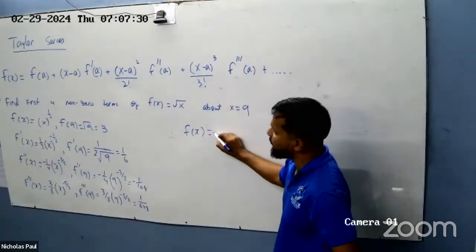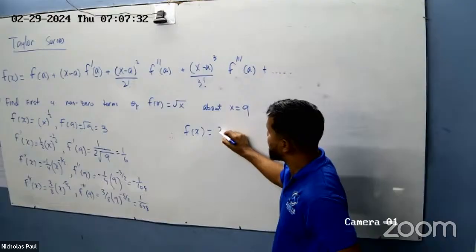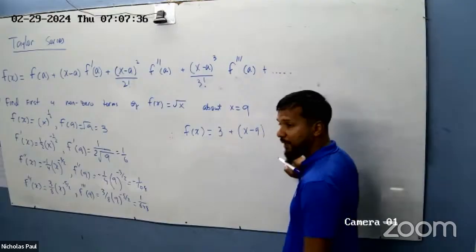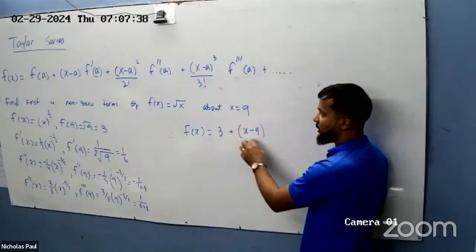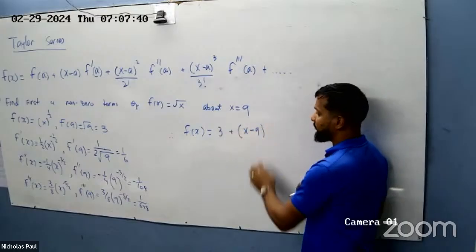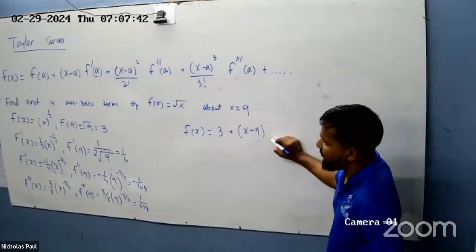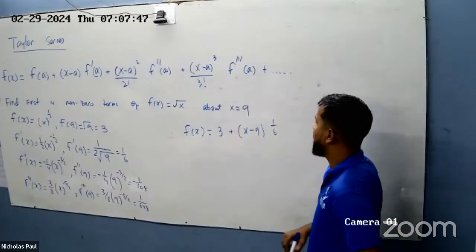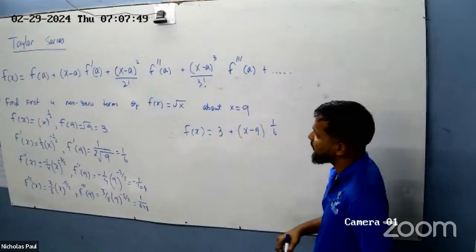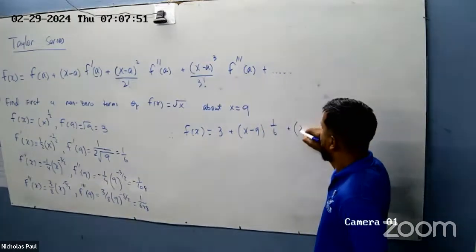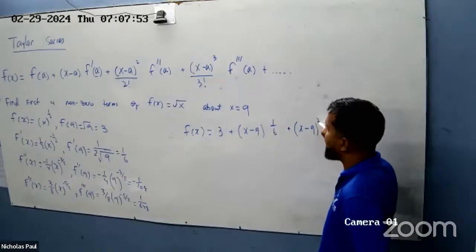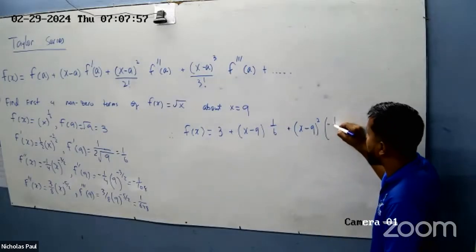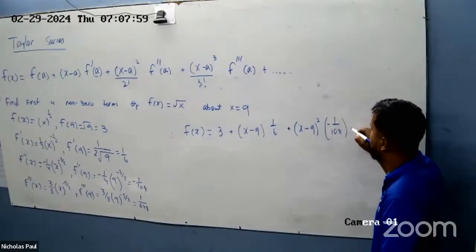So therefore, for f of x, now I can use the expansion. F of x will be f of a, which is 3, plus x minus 9. You have to write this because the function is about 9, so a is 9, by f prime a, which is 1/6. Plus x minus 9 all squared, by f double prime, which was minus 1 over 108.